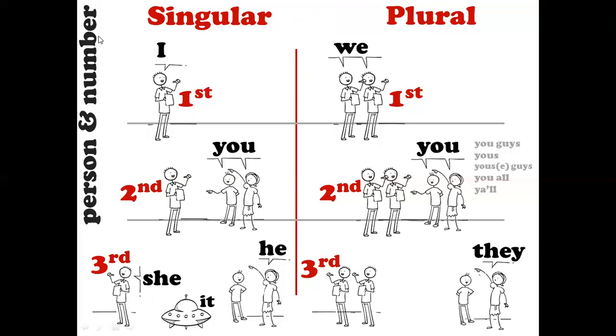It means one person is completing the action. Right? So in this column, only one person completes the action. On the other side, we have plural. And plural means what? That more than one person is completing the action.